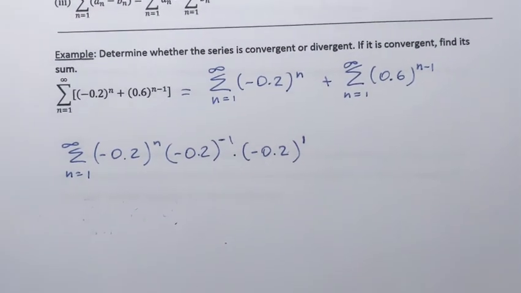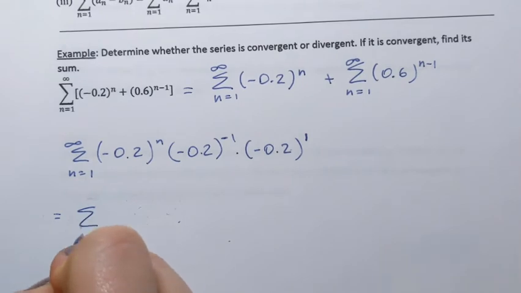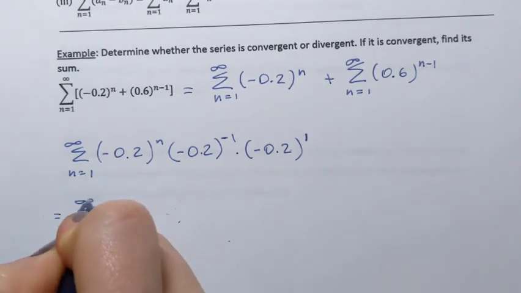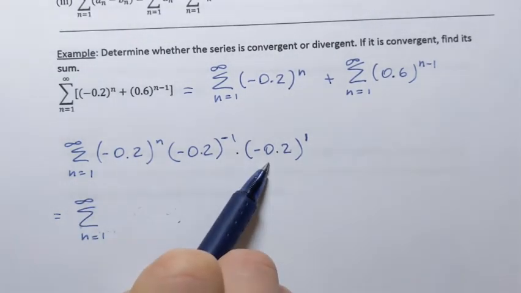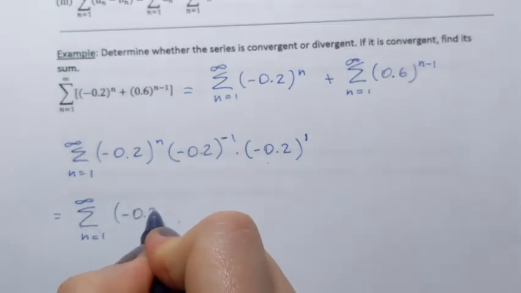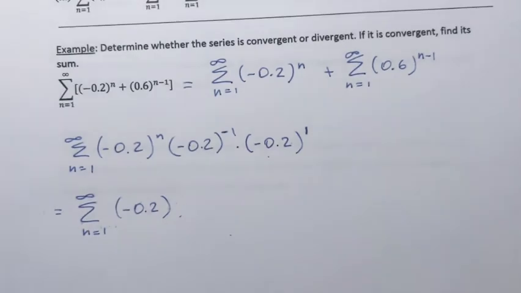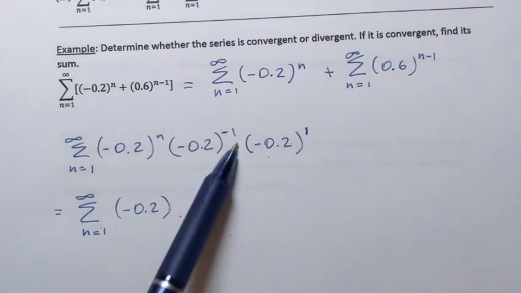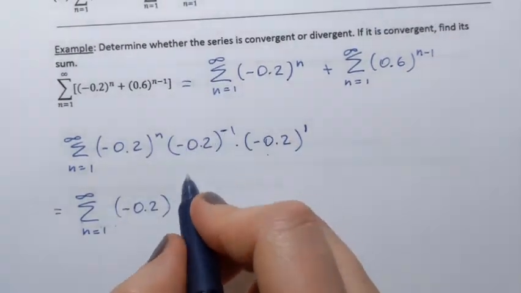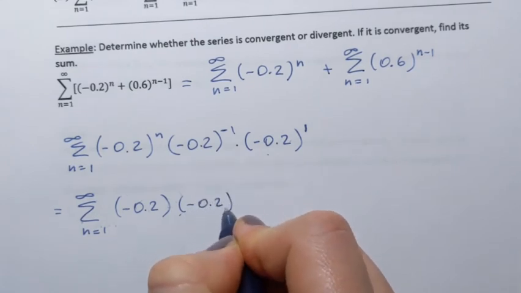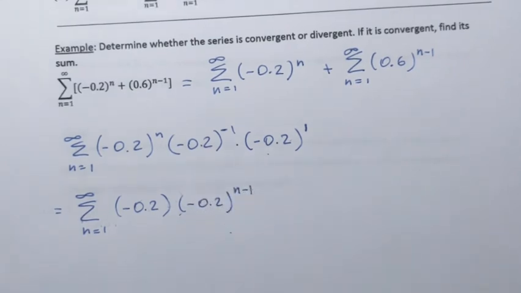So this is how the series is going to look now. From 1 to infinity, I'll put this negative 0.2 factor in the front, and I will combine the powers for the first two factors. So it's negative 0.2 to the power n minus 1. Okay, so once I obtain power n minus 1, now I can determine what is what there.